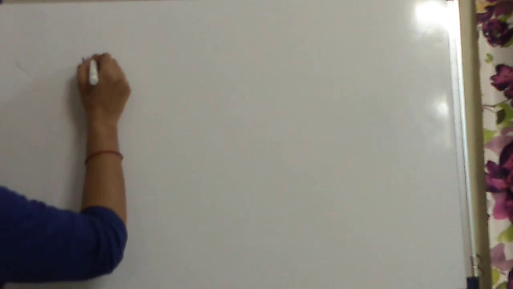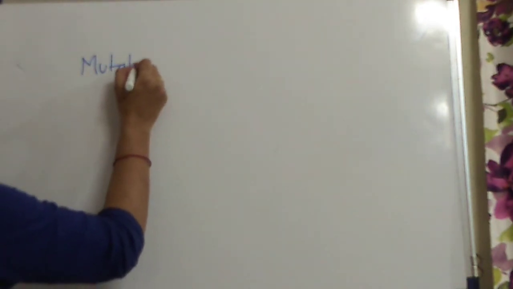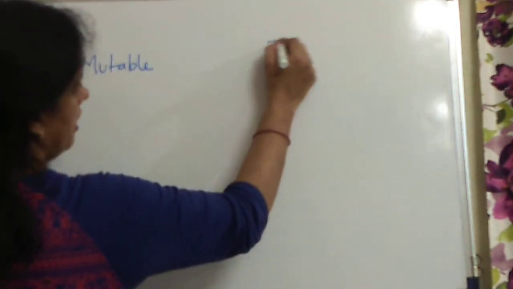Whenever you assign a value to an existing variable, the value occupies space somewhere else and that reference is stored into the variable. In the second, the reference did not change even when we changed the values. So now let us see what is mutable and what is immutable.